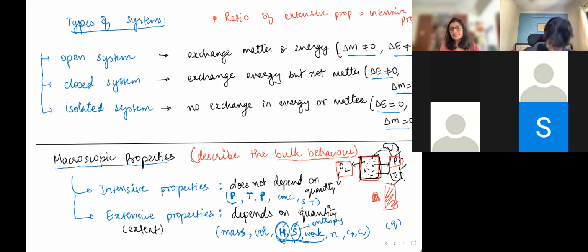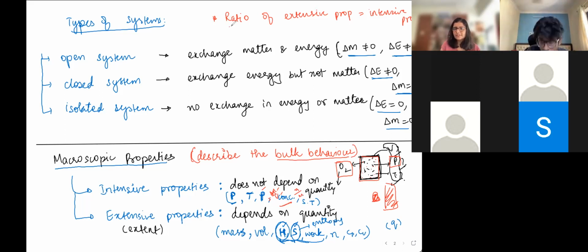Case in point, density: density equals mass by volume, so mass per unit volume. Both of these are extensive, and the ratio of them is this thing. Concentration, the number of moles per unit volume or mass. The ratio of two extensive properties gives you an intensive one.